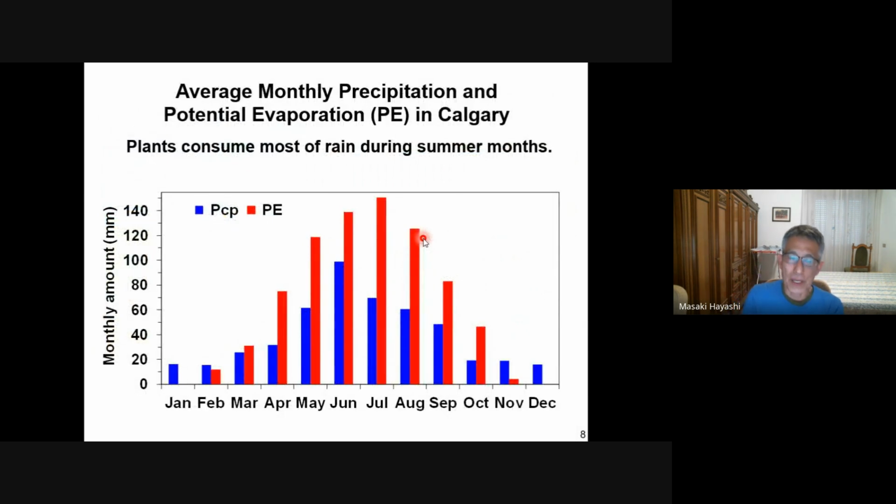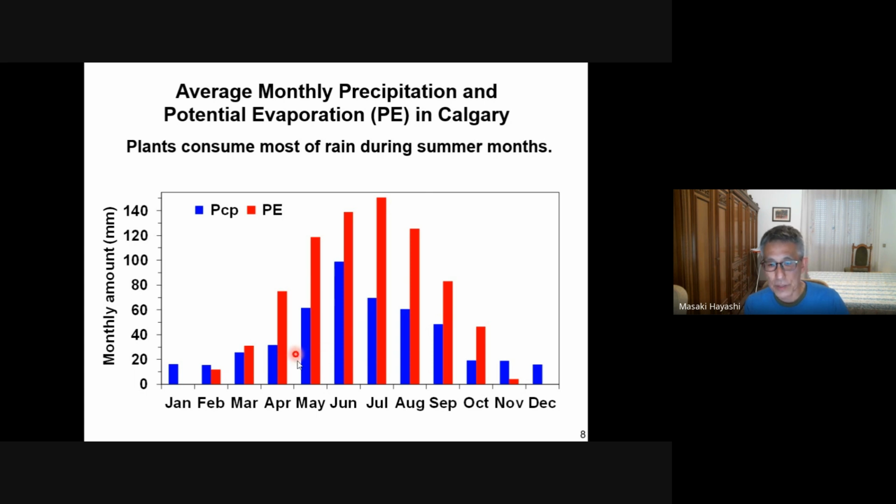So here's a bit about climate again. This chart plots mean monthly precipitation in blue and mean monthly potential evaporation in Calgary. You see that both precipitation and potential evaporation are high in the summer months.